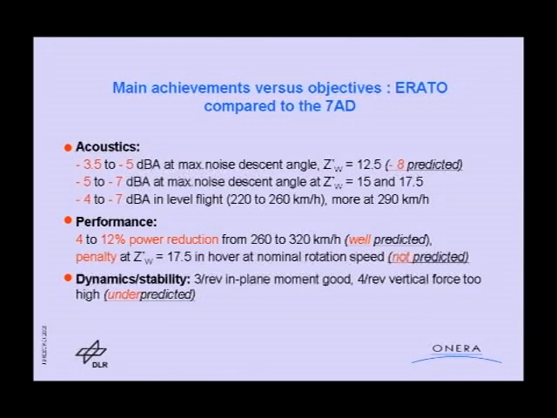At maximum noise descent angle for the nominal weight coefficient of the helicopter, which corresponds to a Dauphin helicopter, we got between 3.5 to 5 dBA noise reduction. You can notice that we predicted 8, because in fact we over-predicted the noise of the reference rotor in this case.